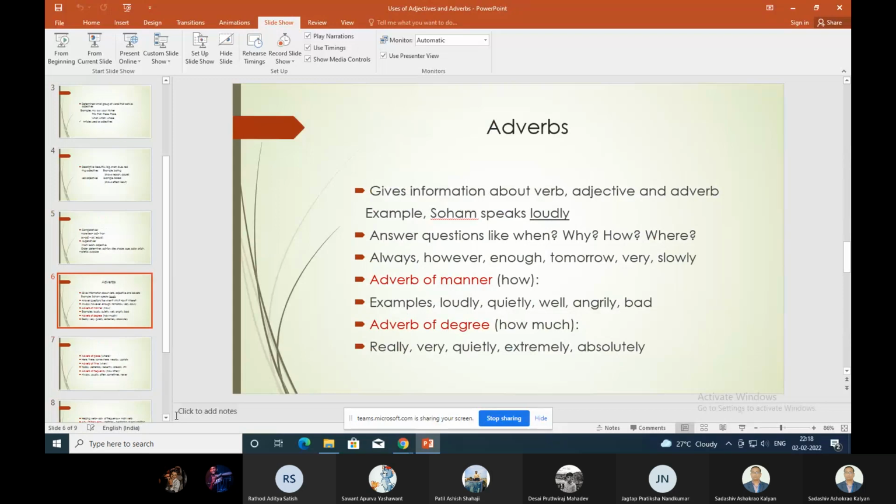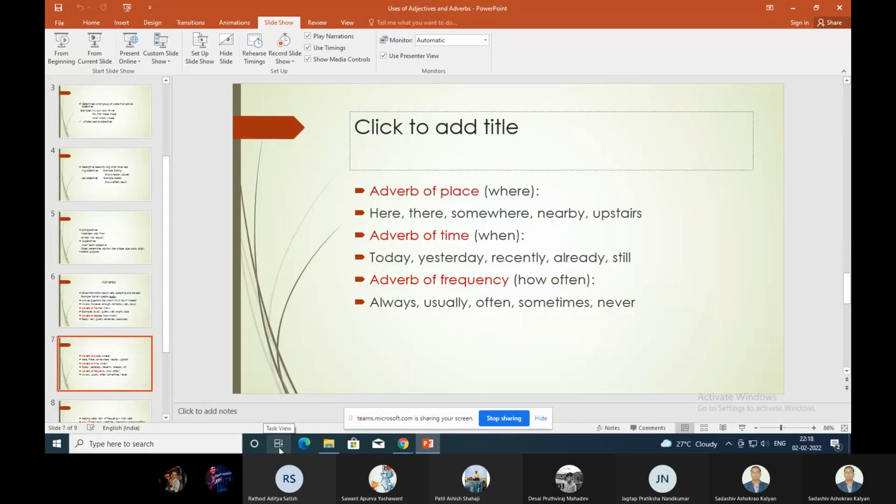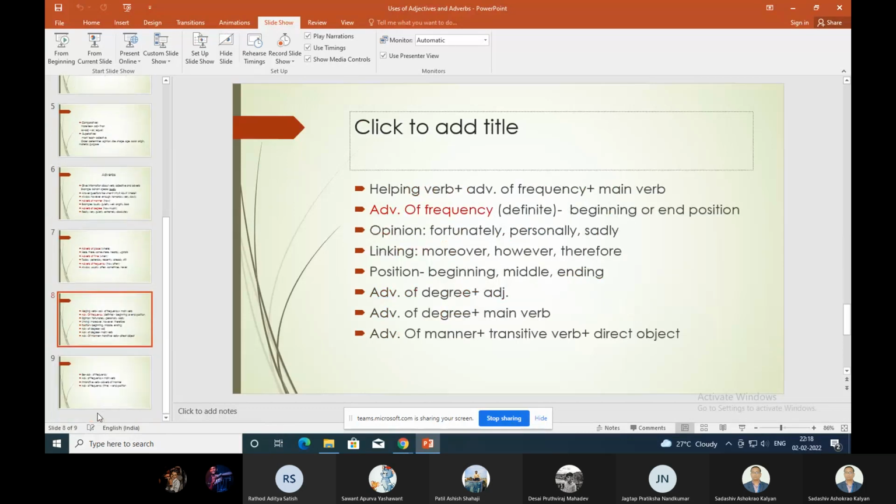And there are various types of adverbs: adverb of manner, adverb of degree, adverb of place, adverb of time, adverb of frequency. Then we studied the various positions of adverbs in the given sentences: at the beginning, at the middle, and at the ending of our sentences.